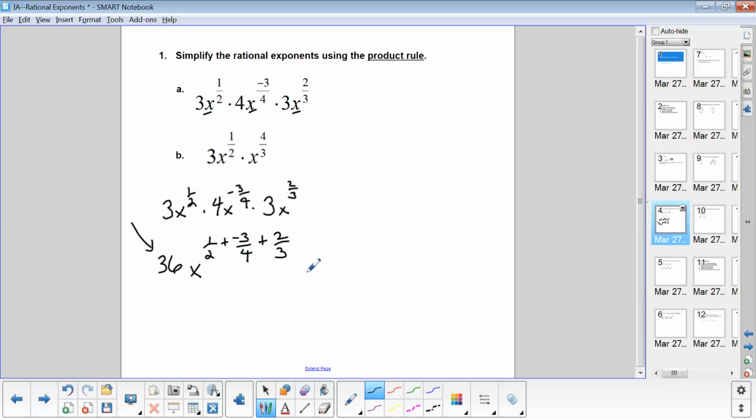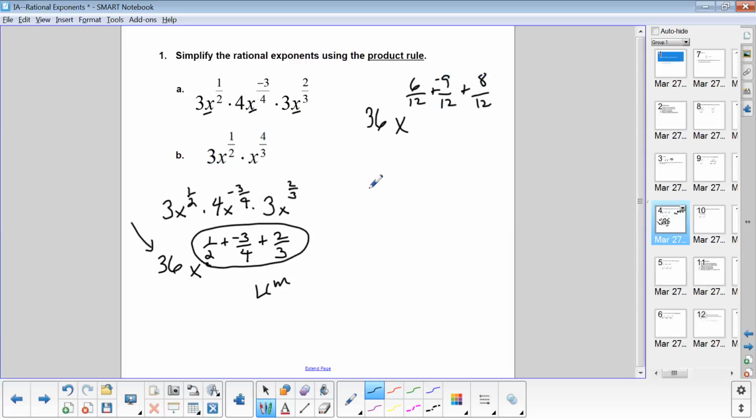Remember, when we're looking at fractions and we want to add them, we're thinking of an LCM. So 36x to the, and we're looking at halves, fourths, and thirds. So twelfths would be an LCM. So 1/2 would be 6/12, negative 3/4 would be negative 9/12, and 2/3 would be 8/12.